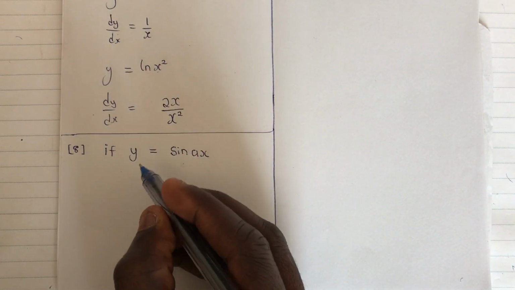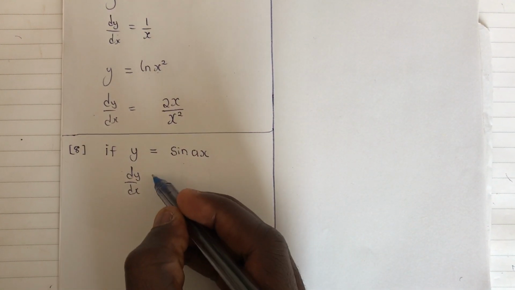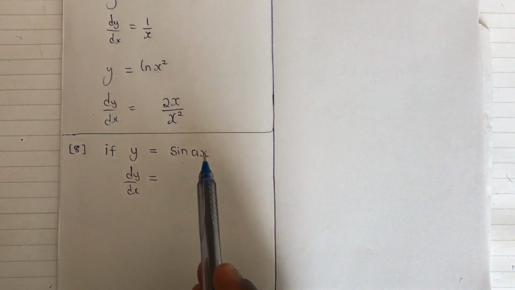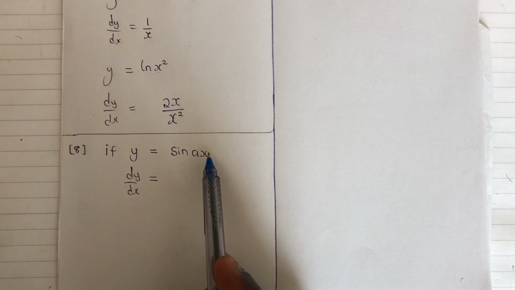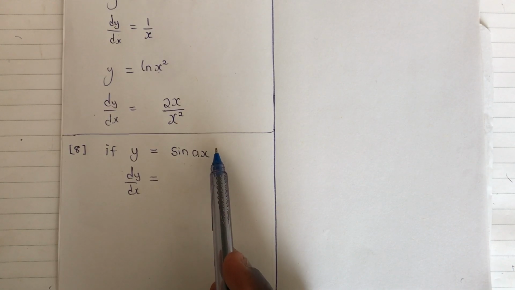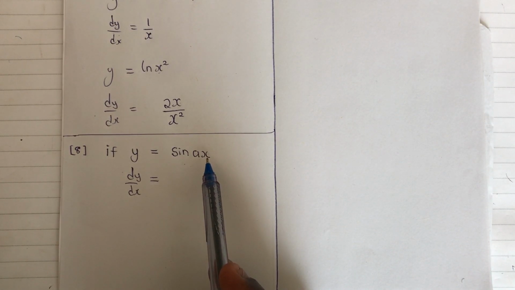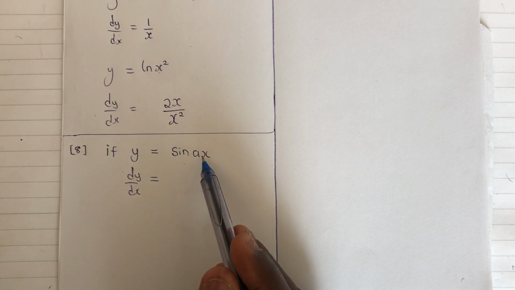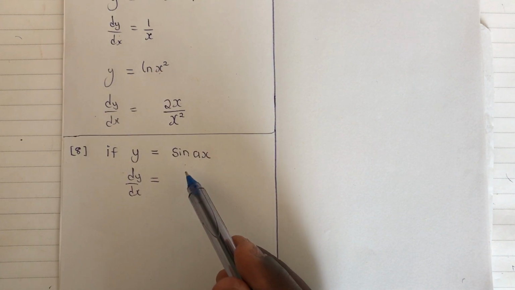So for this one, dy dx will be equal to, the first thing is differentiate ax. Remember, a is a number. So now the exponent here, which is 1, will multiply a. Reduce the exponent by 1, which will give you x raised to the power 0. So the result for ax, when you differentiate only ax, is a.